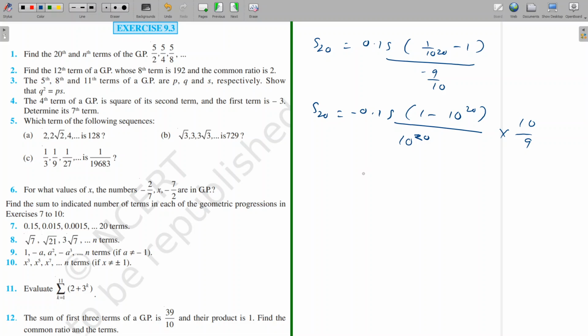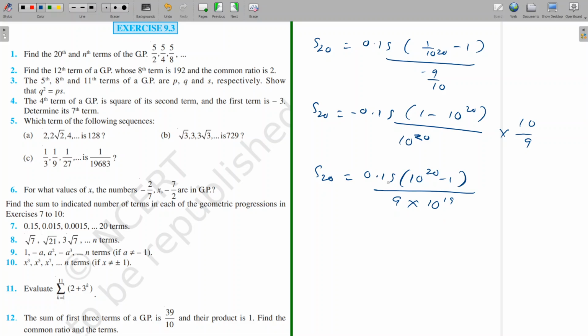So this simplification will give us S20 equal to, if you want we can take this minus sign inside, so this will become 0.15 into 10 raised to 20 minus 1 over 9 into 10 raised to 19.